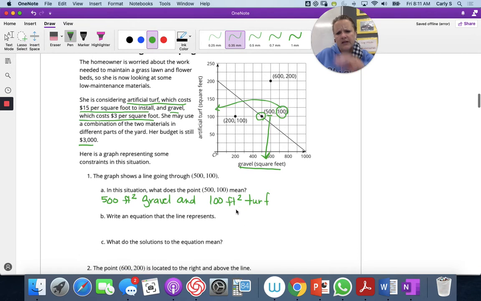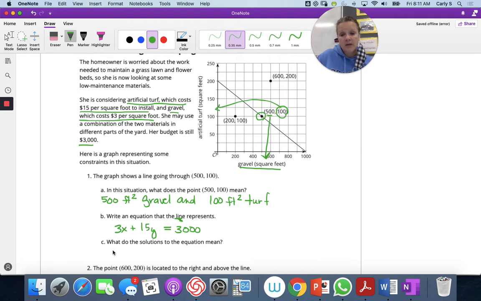Write an equation that the line represents. So same type of equation, and we're doing the line. Turf was the y value, gravel was the x value. So that would be 3x plus 15y equals 3,000. Okay, that's the line, not the inequality. Inequality is shading. Lines are lines. What do the solutions to the equation mean?